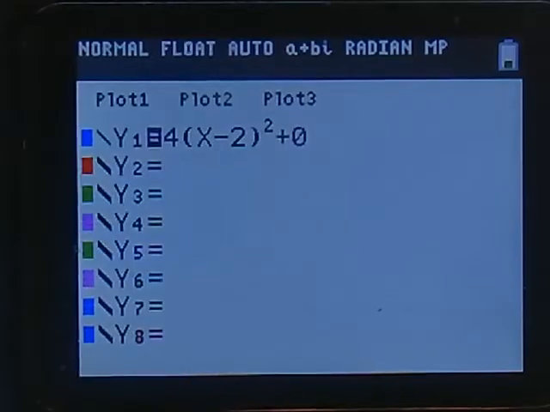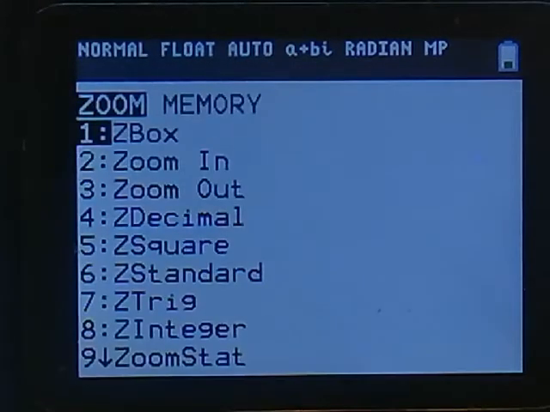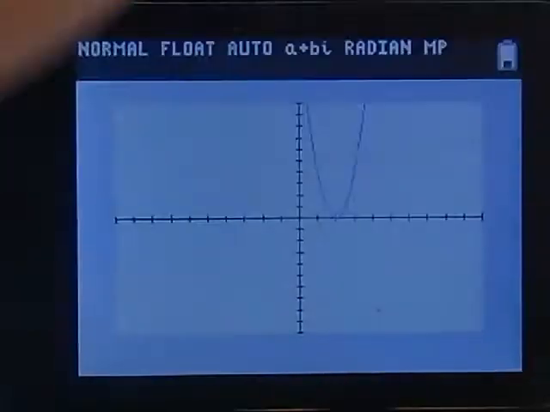All right, I've gone ahead and plugged that in the calculator here. Let's take a look at it. I'm hitting zoom standard, and the vertex is at 2, 0. And as you can see, the graph has been stretched. It's not skinnier, it's actually just longer.